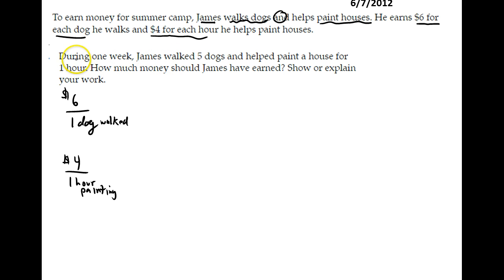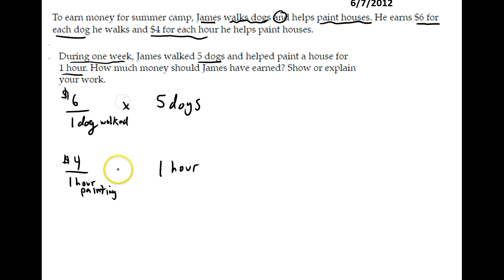And then there was this one week where he walked 5 dogs and he helped paint a house, but just for an hour. So he walked 5 dogs and he painted for 1 hour.